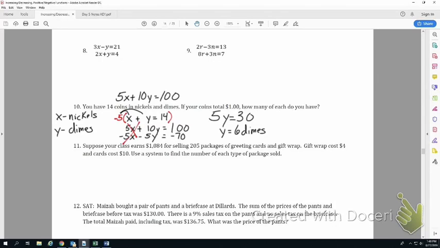Whenever you're solving, I would always refer back to the number of equation. I say always because I didn't earlier on one of the problems, and I think L corrected me over there. So I need to find x. What plus 6 equals 14? 8. So I would have 8 nickels.